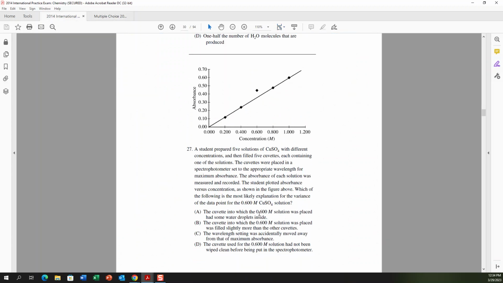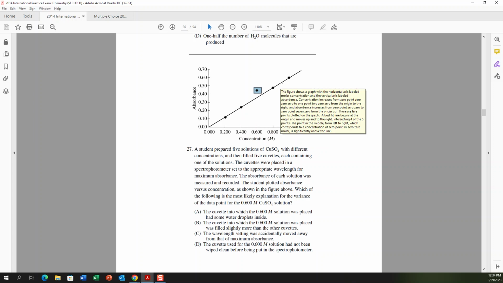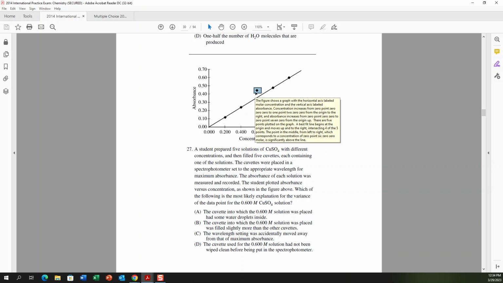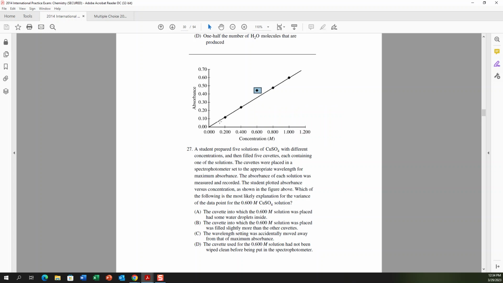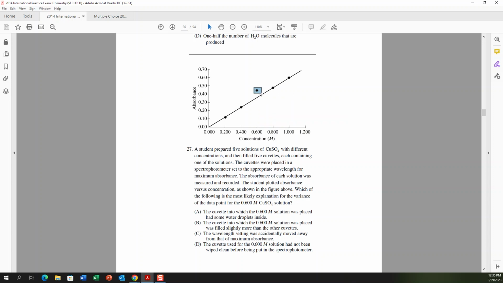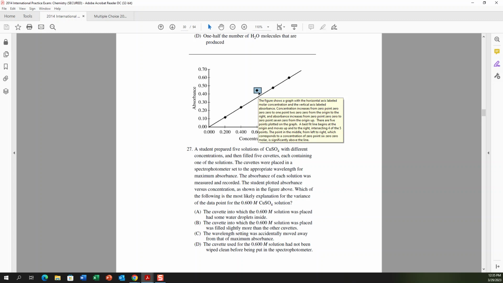So here we have absorbance versus concentration. We have a little data point that's not on the trend line, which means maybe a mistake was made. And so based on the other absorbance values, we must have done something that would make more light absorbed for this sample, all right?